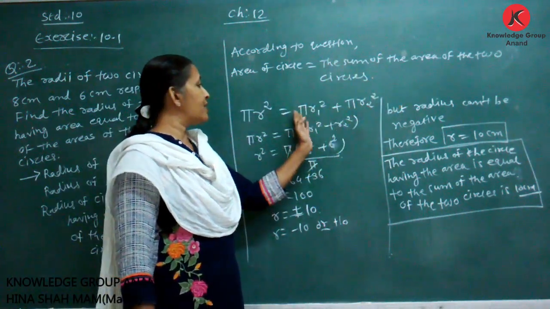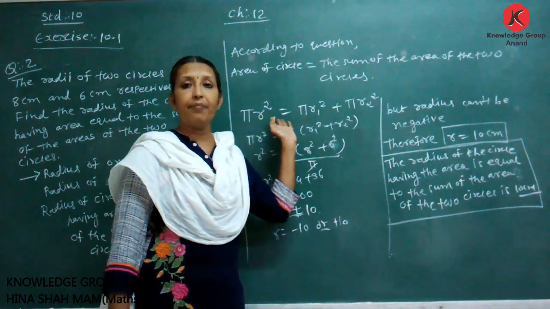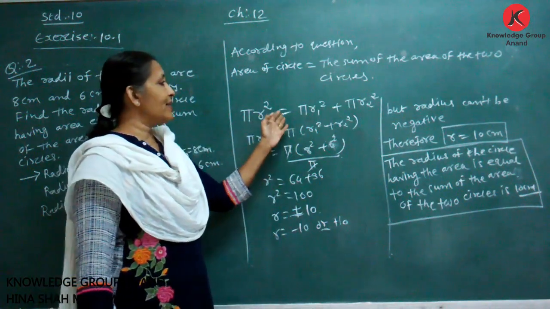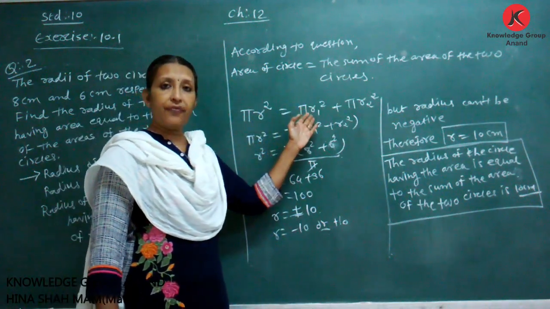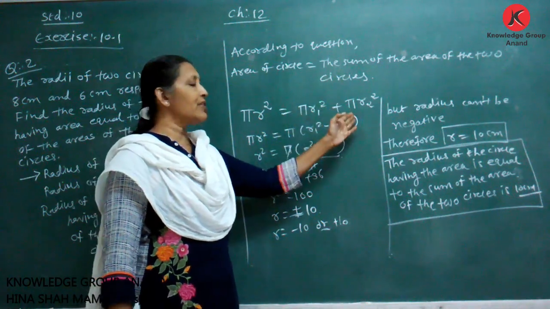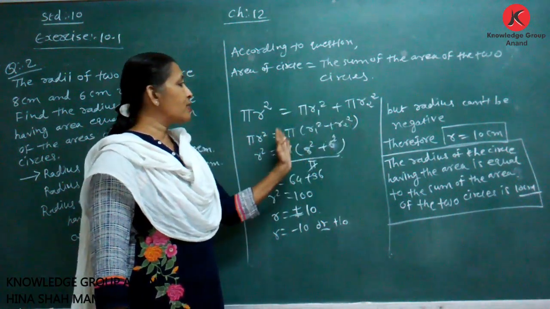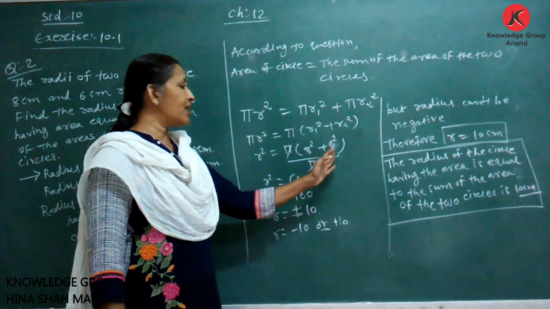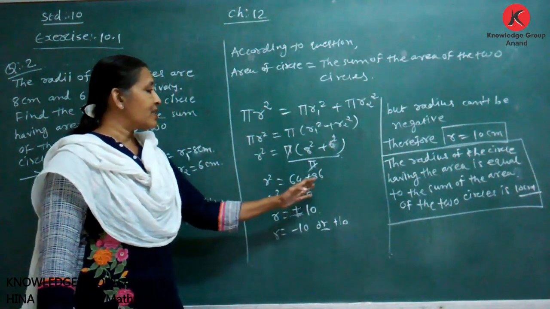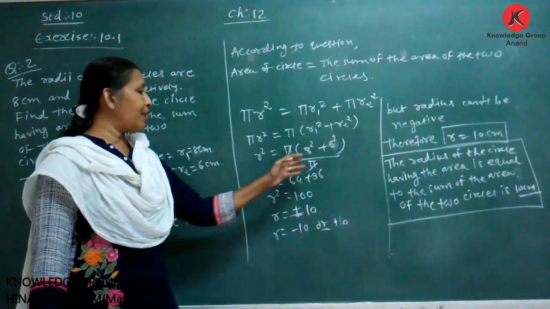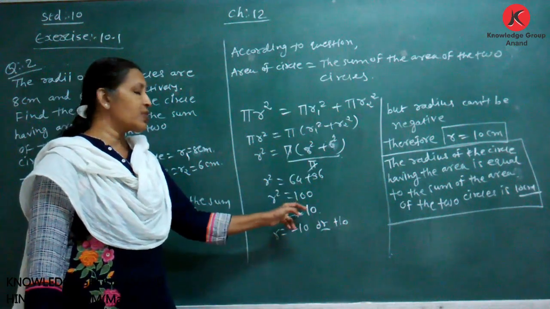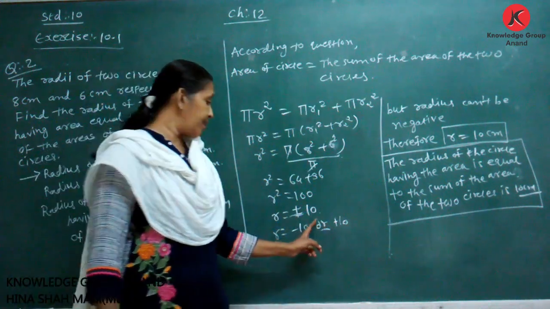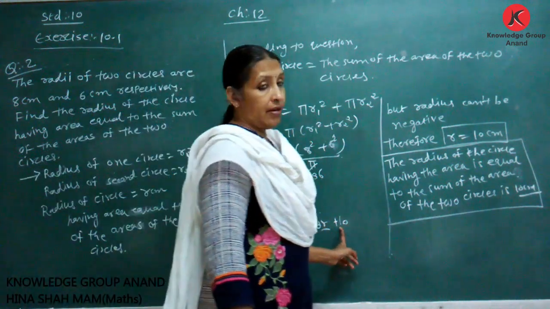Pi r square is equal to area of circle, formula pi r square. Then pi r square is equal to pi r1 square plus pi r2 square. Pi is common, then r1 square plus r2 square, 8 square plus 6 square, 64 plus 36. Pi cancels. Here r square is equal to 100, r is equal to plus minus 10.